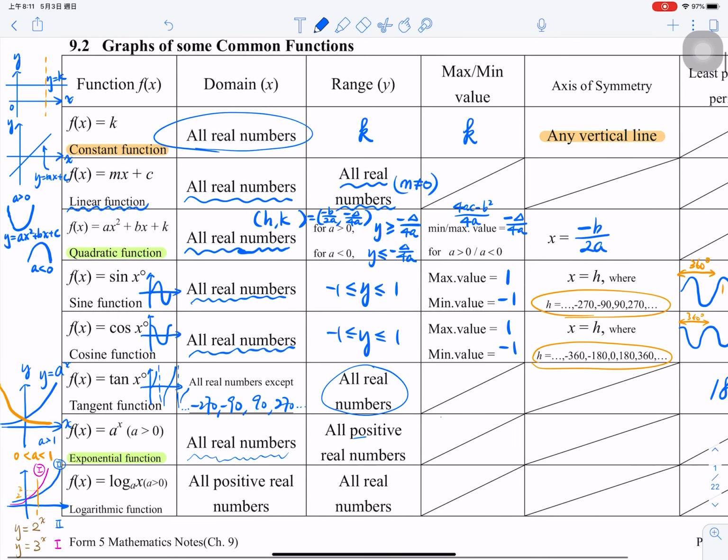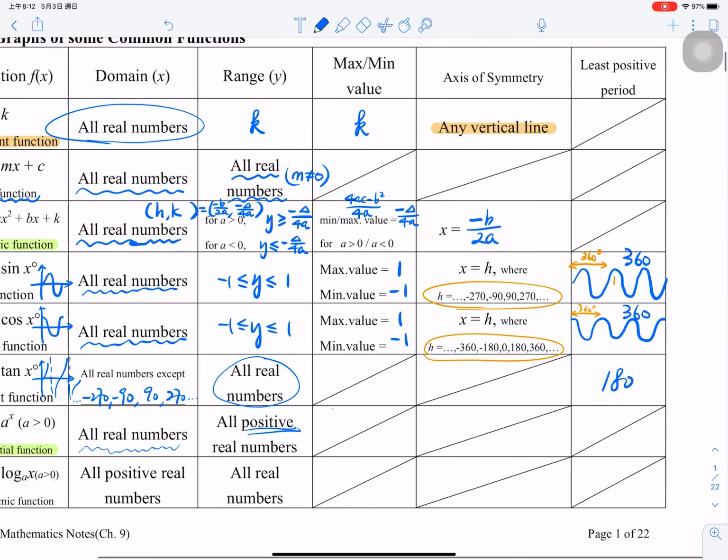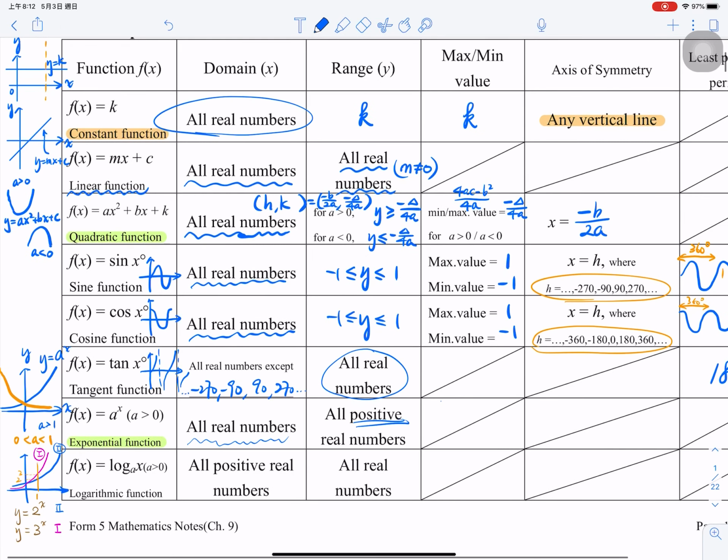How about the range? You remember, right? All positive real numbers are the range of exponential functions. No maximum or minimum value, no axis of symmetry, not even a period. We cannot talk about the period.